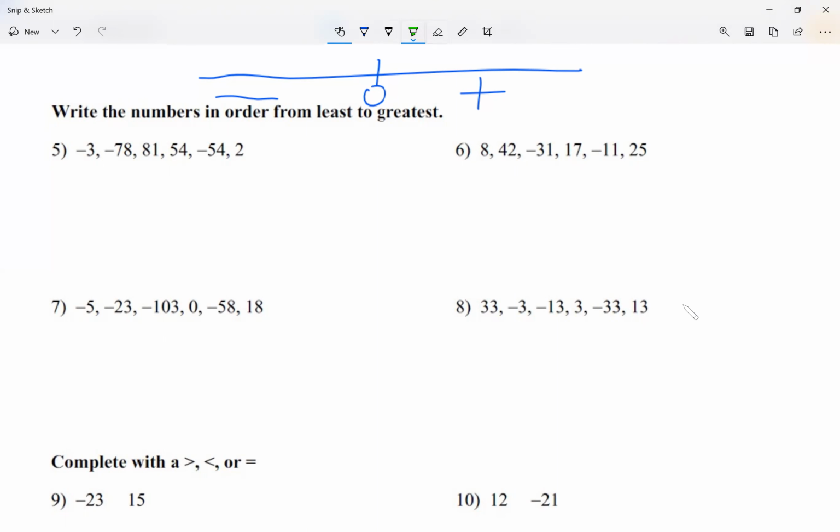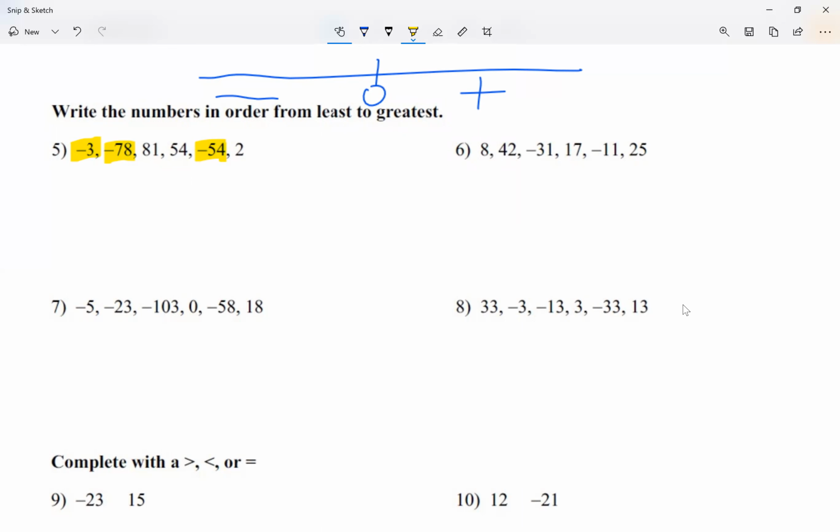So my focus right now is just on -3, -78, and -54. Like I said, I'm looking at the negatives first because negatives are smaller than positives. Now if they were positive, I'm looking at the numbers 3, 78, and 54.